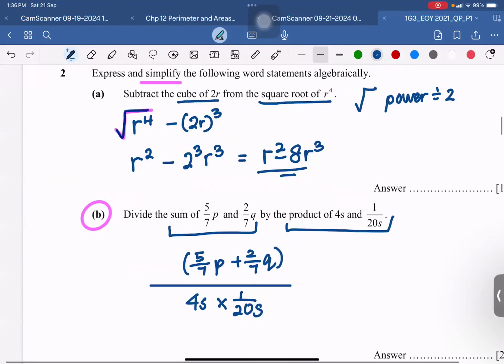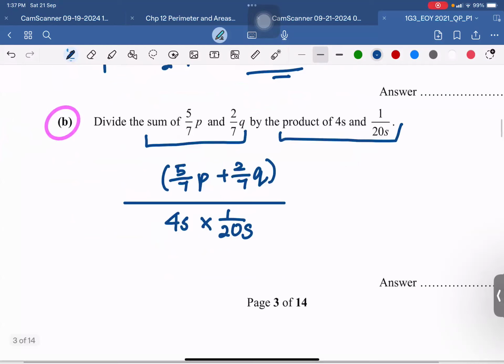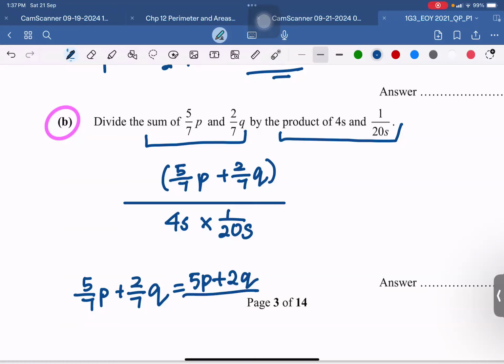There are so many different steps. So what we're going to do is add the fractions first. This part will be 5 over 7p plus 2 over 7q. Both of them have the same denominator. So we can put this as 5p plus 2q, over the denominator 7. So the numerator on top, I will have this whole expression.